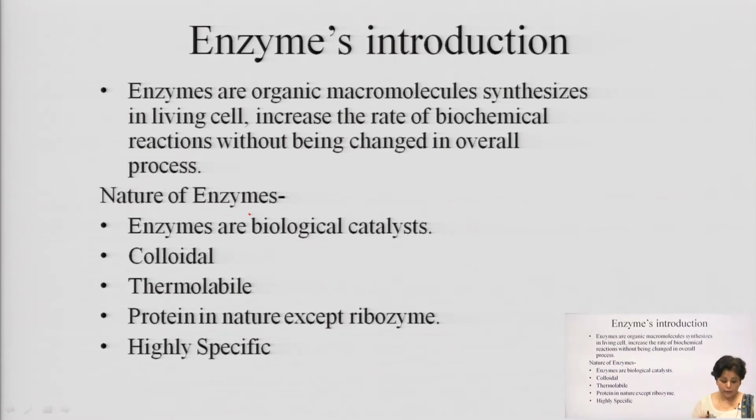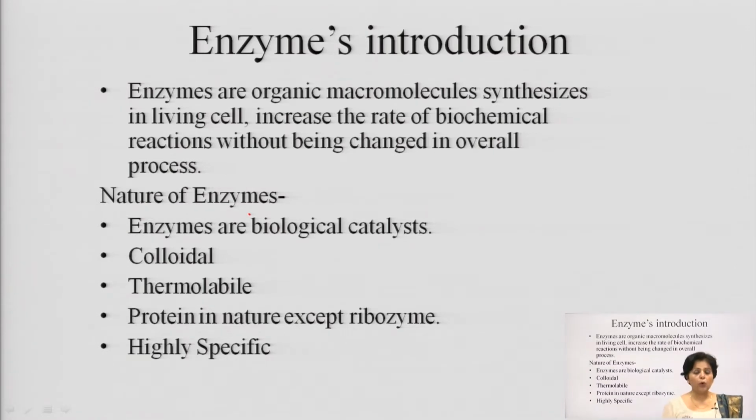That is the reason why, due to this large size, the enzyme molecules possess an extremely low rate of diffusion. They diffuse at a very low rate, very slowly, and they form a colloidal system. Small particles aggregate and form a colloidal system in the water system.